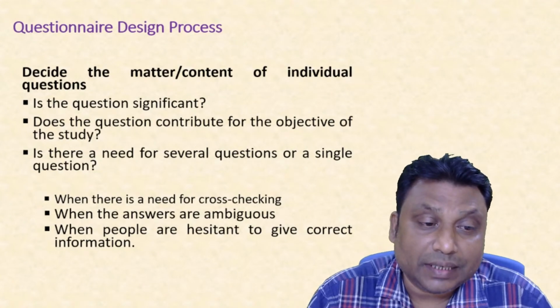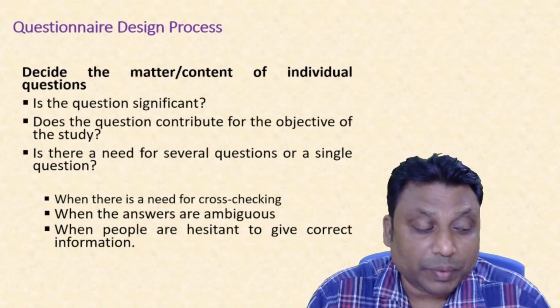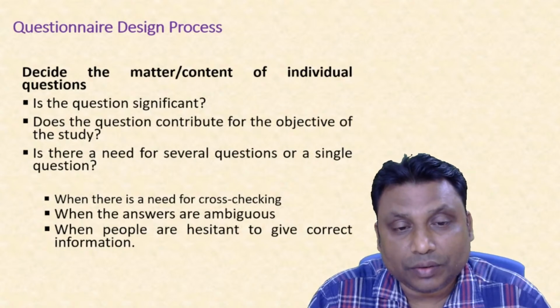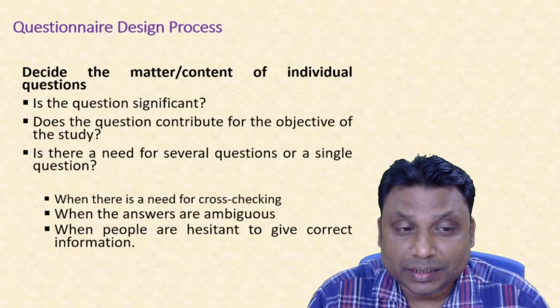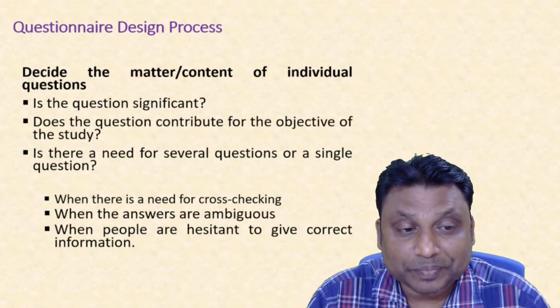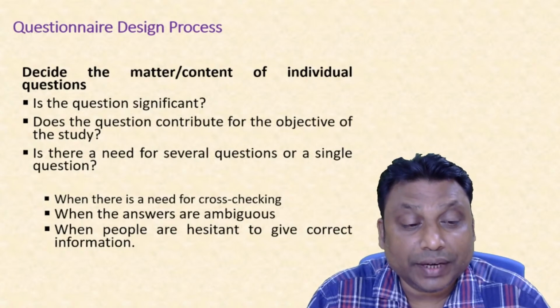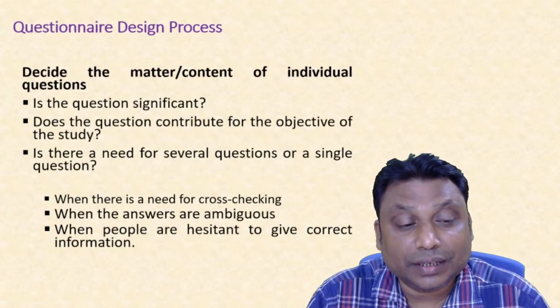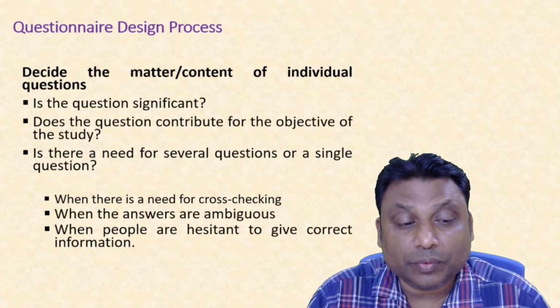The third point is whether there is a need for several questions for a single question. For the questions you are preparing, first find out whether you can merge them, or whether a single question can collect the information. Then you have to check it. You check when there is a need for cross-checking, when the answers are ambiguous, and when people are hesitant to give correct information.